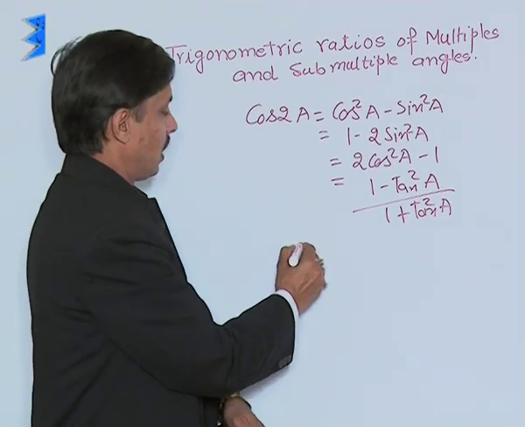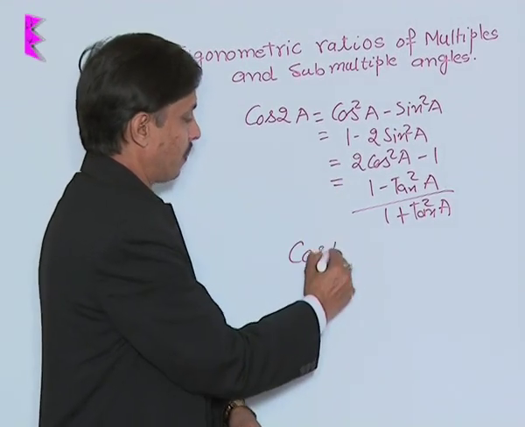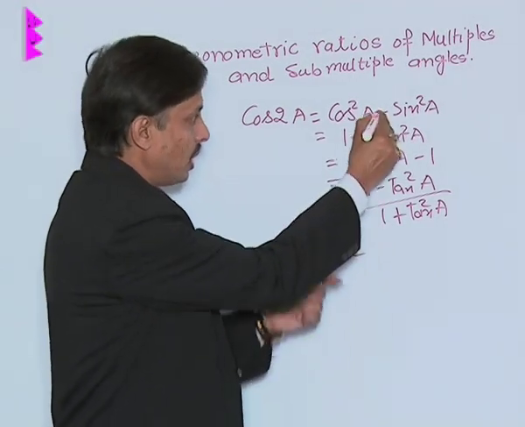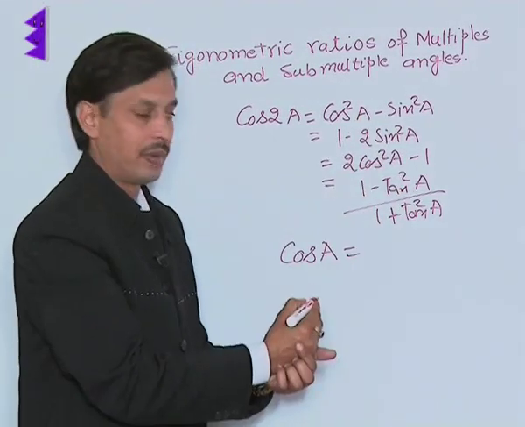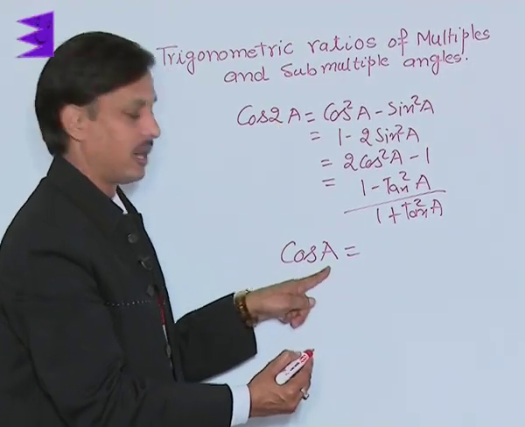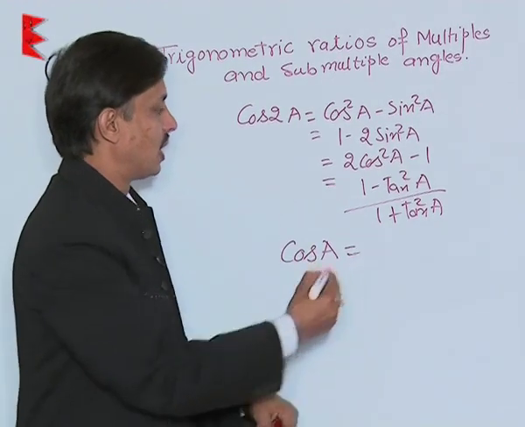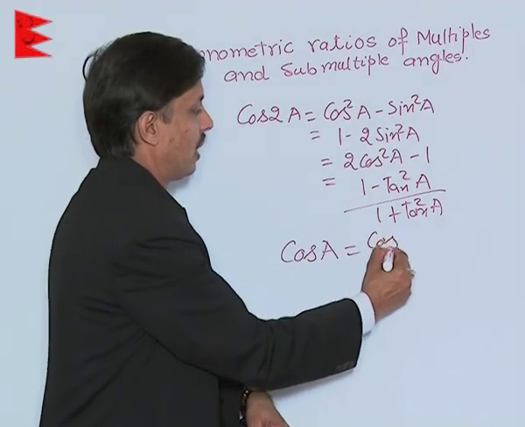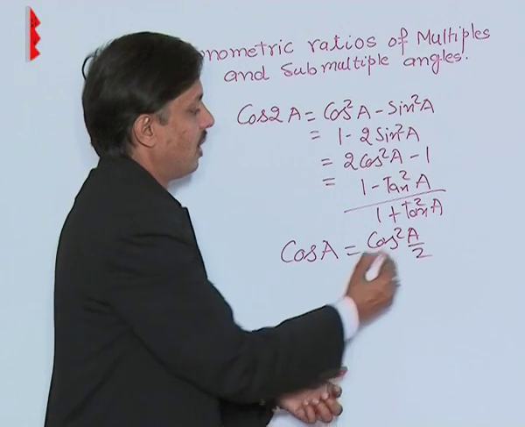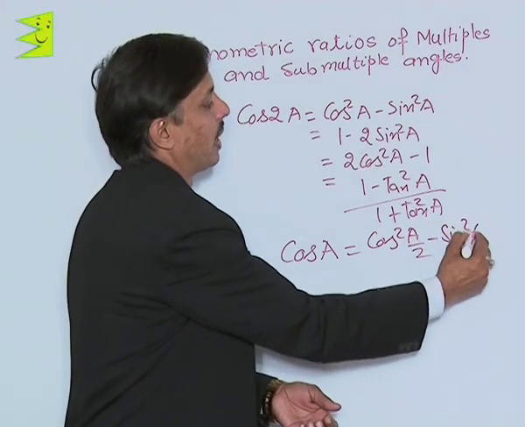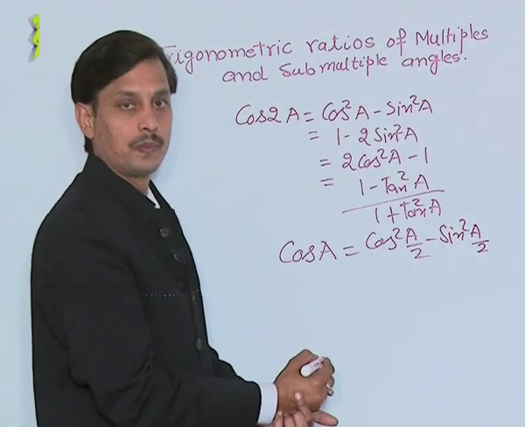One more result: if in place of cos 2A it is cos A, each of the angles will be halved. As 2A is written as A, the equivalent results will also be halved on the RHS. Like one of the results I am writing: cos square A by 2 minus sin square A by 2.